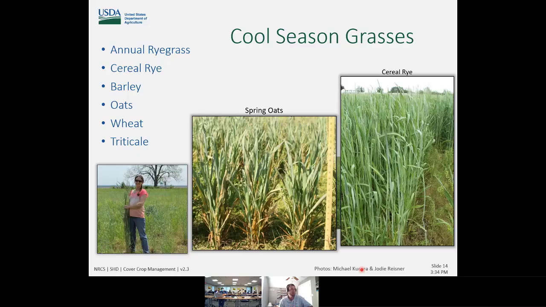But I know in a place where you are, annual ryegrass is likely very popular. Works really well in those more northern climates, but in our southern areas, that just seems to be potentially troublesome.